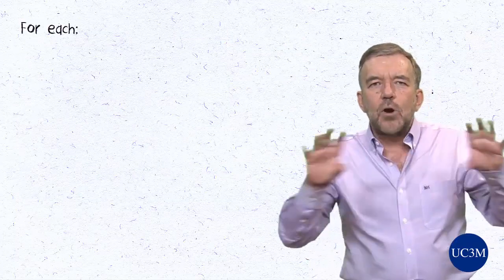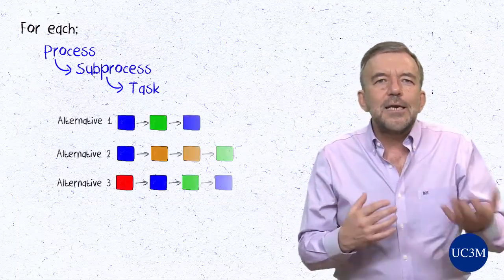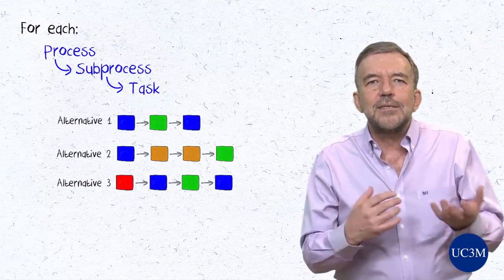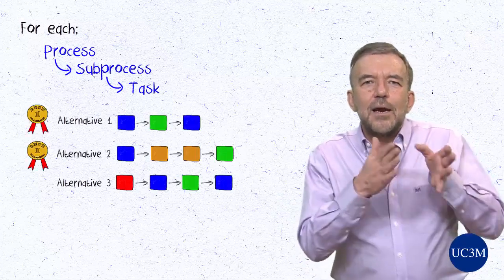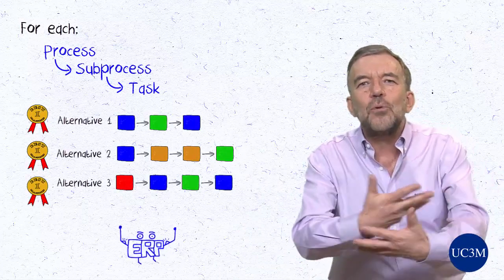Thus, for each process, sub-process, and task, whenever the generally accepted best practices indicate that several approaches are potentially valid, the software will be designed to support them all. This inherent flexibility applies at all levels.